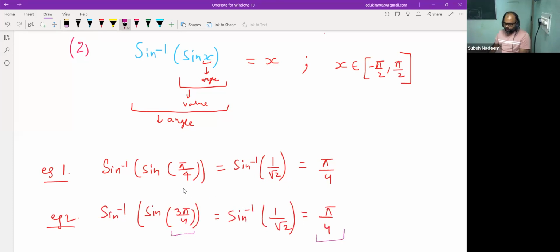In the above case you gave pi by 4, it came out to be pi by 4. So here it is not saying that it is not defined. It is defined. It is giving a value, but it is not the same value. It is giving some other value because the value must be in the principal range. So first write this, then I will explain more about it.